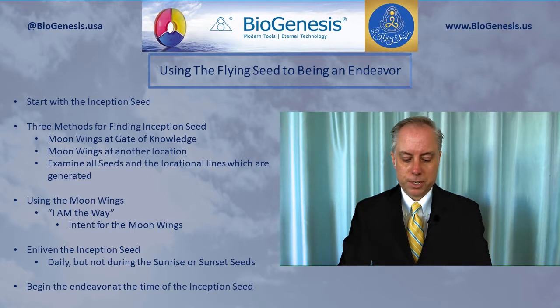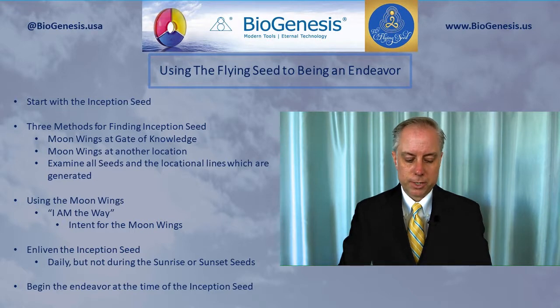The first step to take is to identify inception. When this has been identified, when the I has been located, then all is found. First, we must locate the I. Once we have found the I, we enliven this seed of inception.